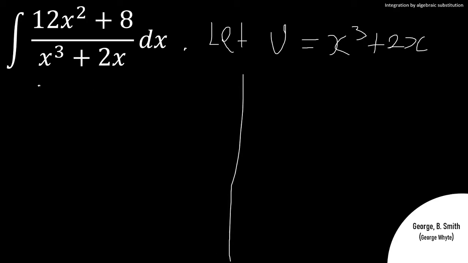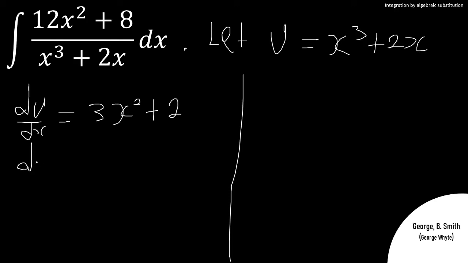So if I differentiate this, I'll have du over dx to be equal to, differentiating will give me 3x squared, and differentiate 2x, you're going to get your result as 2. So you cross multiply, du is going to give us this, I should put in brackets for the sake of the fact that we have more than one term there.